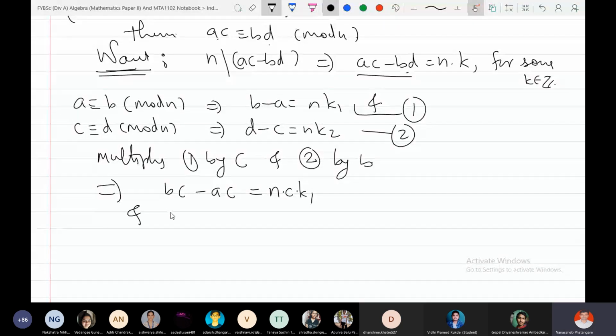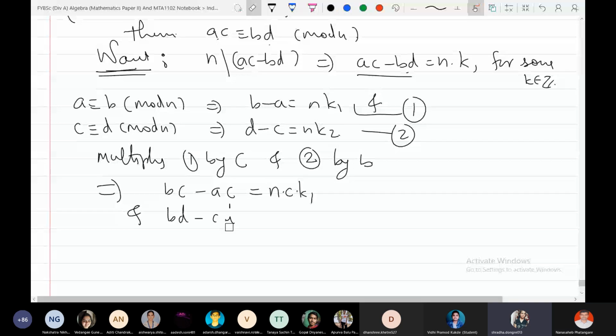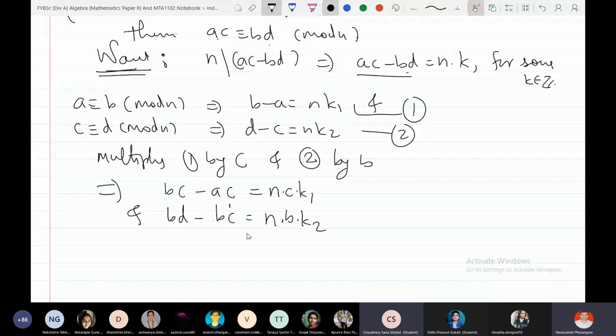Now I am going to multiply the second by B. So BD minus BC, CD minus BD. Sorry, it should be CD minus BD, minus BC is equal to N times what is here, CK2. So N times BK2, since I am multiplying the second by B.